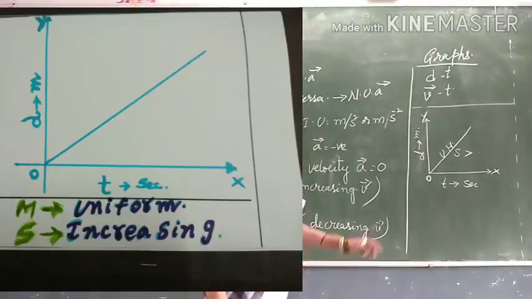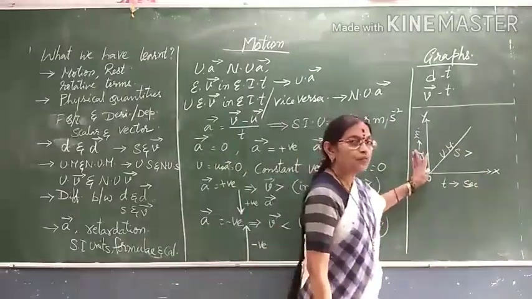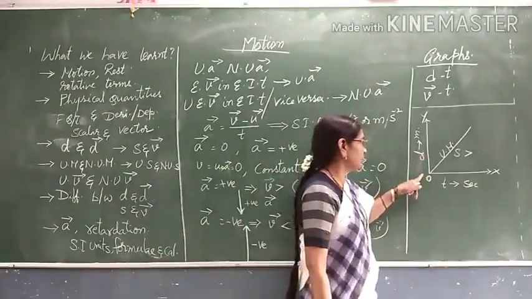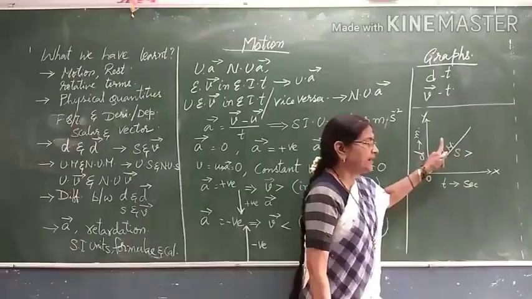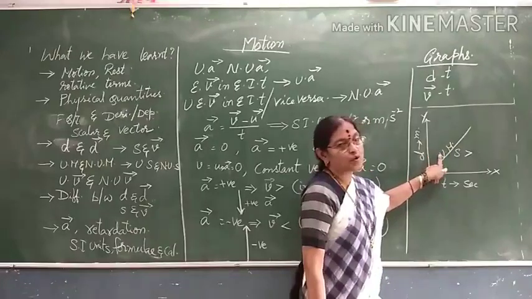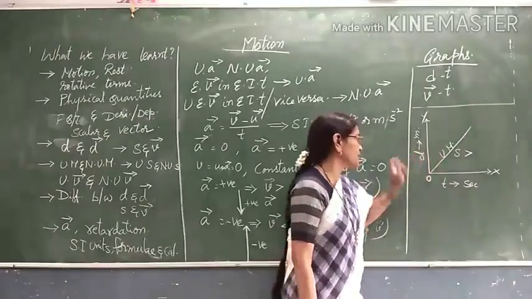So in distance time graphs, what does it represent? It gives us the speed and what kind of motion the moving object possesses.